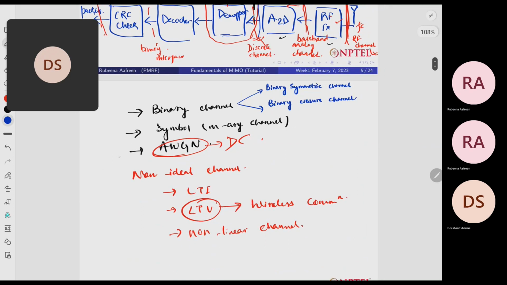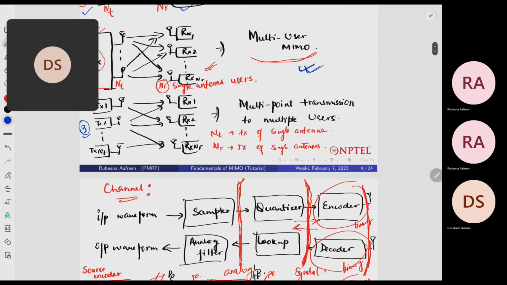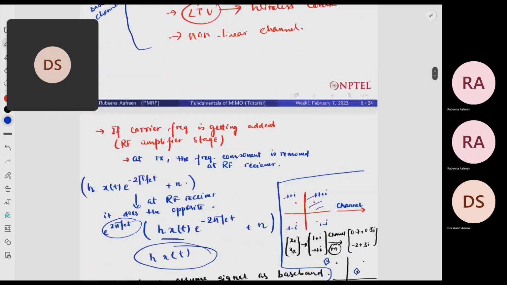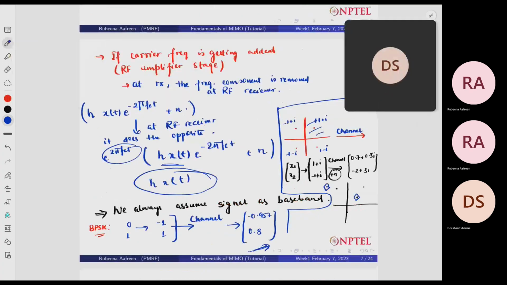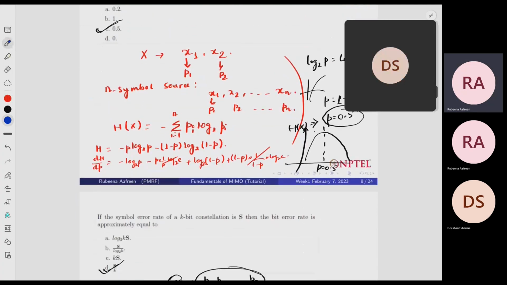So these are waveform based channels, and these ones are probability based channels. Okay, after that, we discuss some questions related to assignment 1.